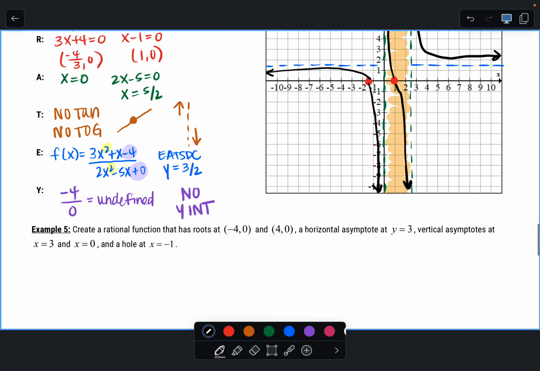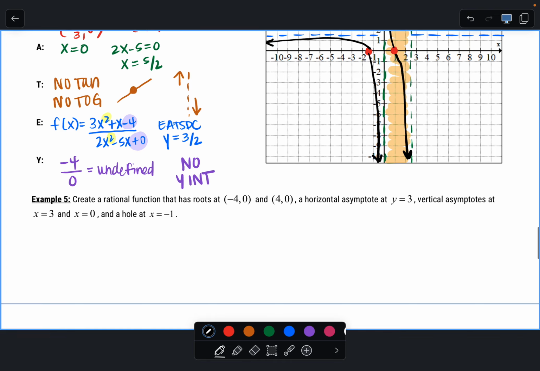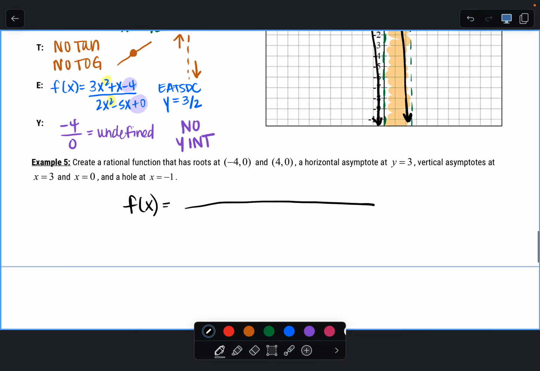So we are going to create a rational function, and it's going to list a bunch of different features. The first thing you're going to do is write an equation. F of x equals a big old fraction bar. Where did we say roots come from? Roots come from the numerator.